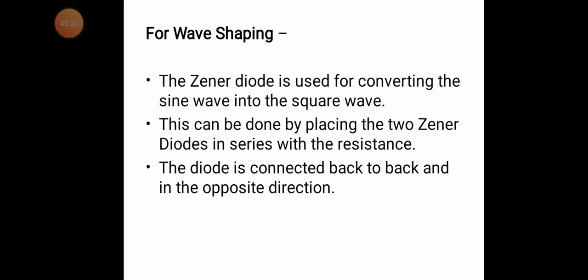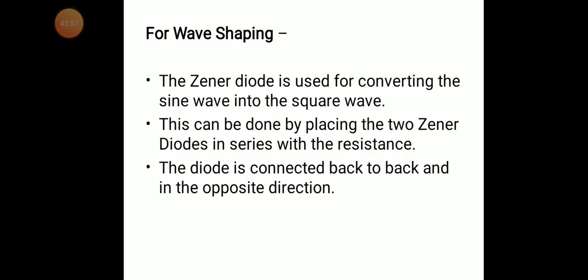This can be done by placing two Zener diodes in series with a resistance. The two Zener diodes are connected back to back, in the opposite direction.